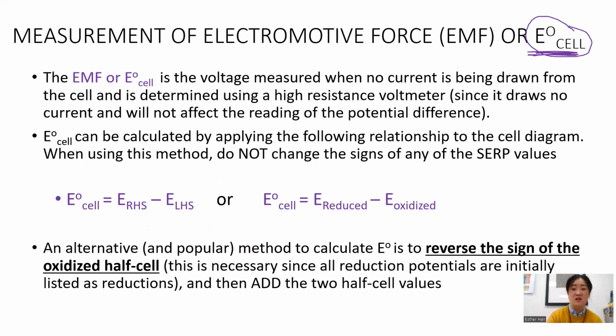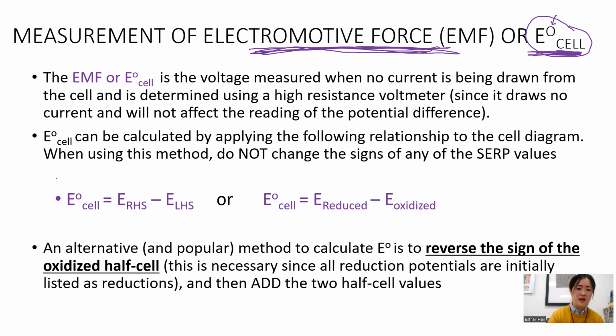We call this electromotive force, right? Keep this term in the back of your mind as we talk about what voltage actually is on Thursday as well. This is sometimes called EMF, or a lot of times you'll see it as just your E, with your cell potential, a little 0 here to indicate we're dealing with standard state, and the cell is telling you it's the overall of the 2 cells that we're looking at.